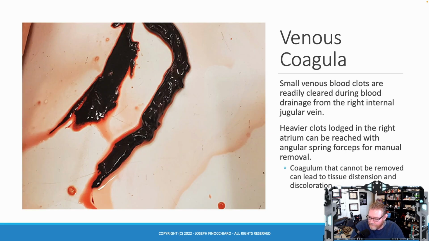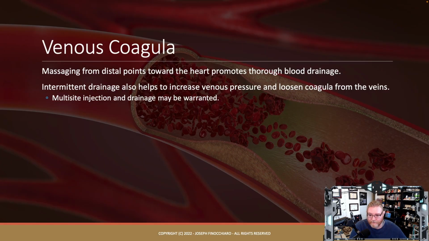Venous coagula. Small venous blood clots are readily cleared through blood drainage from the right internal jugular vein. Heavier clots lodged in the right atrium can be reached with angular spring forceps for manual removal. Coagulum that cannot be removed can lead to tissue distension and discoloration. Massaging from distal points toward the heart promotes thorough blood drainage.